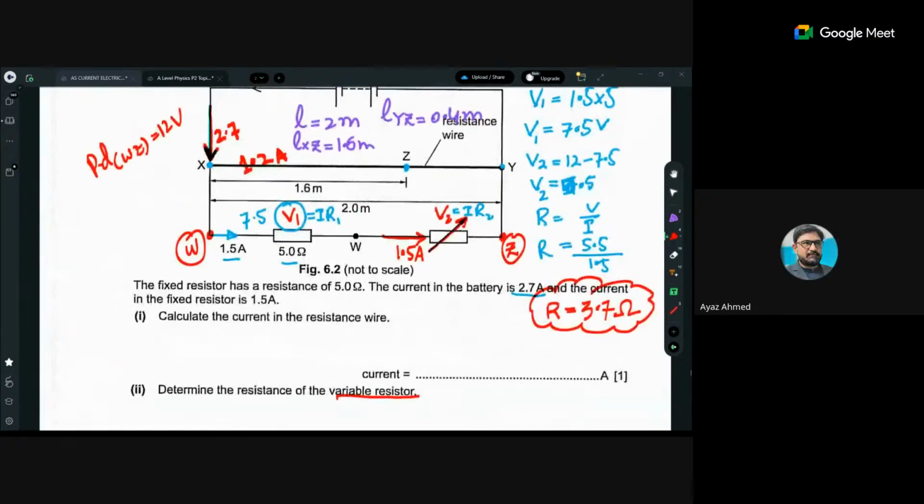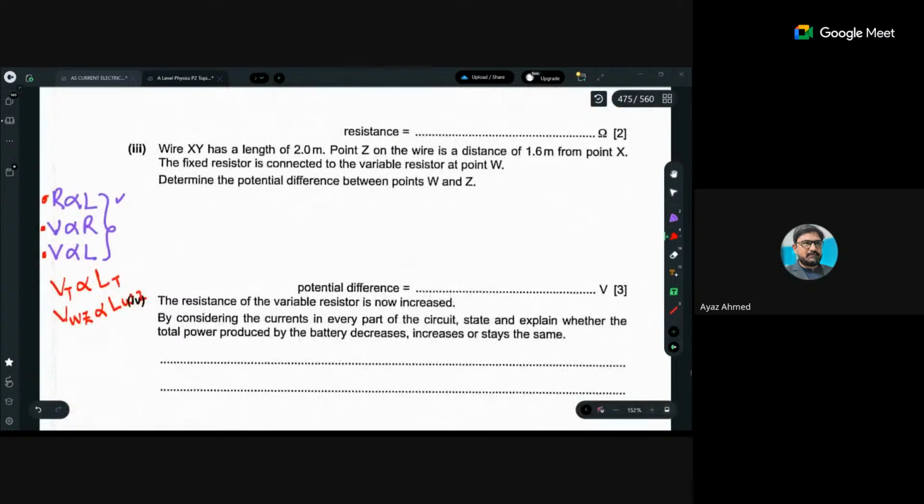Yes sir. Sorry, Z and Y, not W and Z. So if I divide these two equations, can I say that total voltage divided by unknown voltage is equal to total length divided by unknown length? Can I say that?